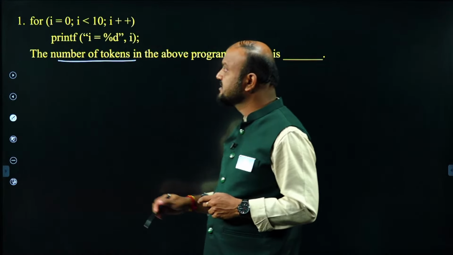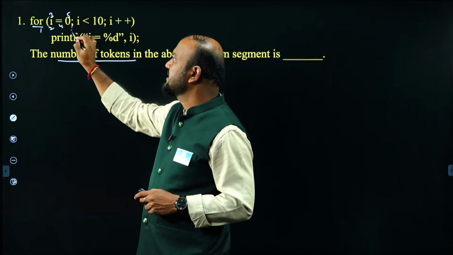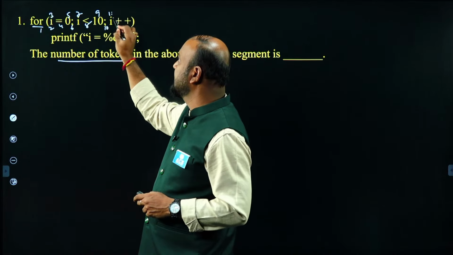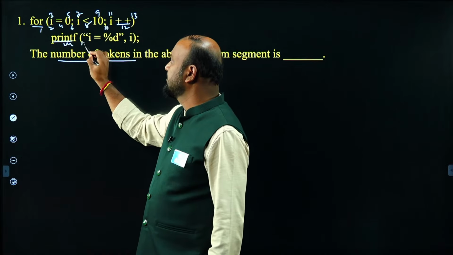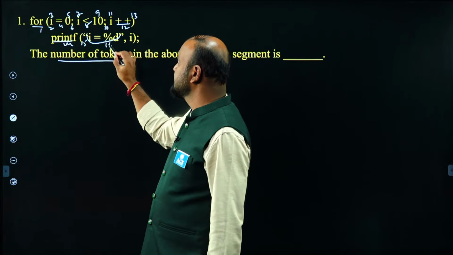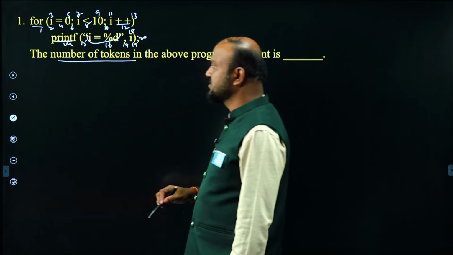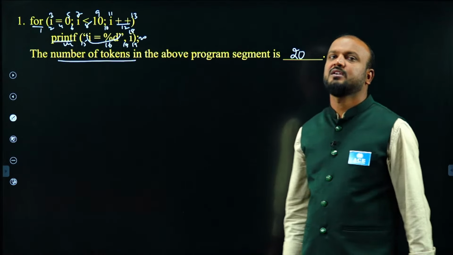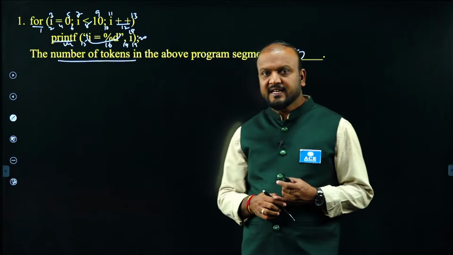Now 1, 2, 3, 4, 5, 6, 7, 8, 9, 10, 11, 12, 13, 14, 15, and whatever is there in the double quotes is called a string constant. It is 16, 17, 18, 19 and 20. So the number of tokens in the above program segment is 20. There are totally 20 tokens in the program. This is one kind of question.